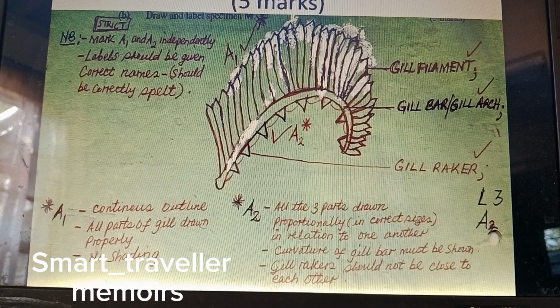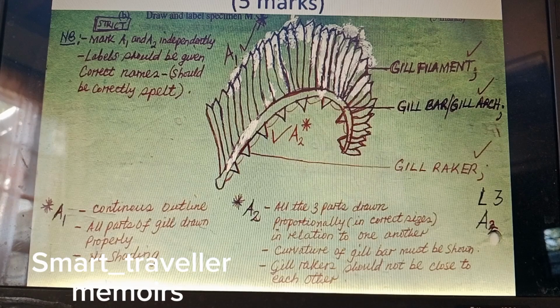All parts of the gill drawn properly, no shading. Accuracy number 2, all the 3 parts drawn proportionally in correct sizes in relation to one another. Curvature of the gill bar must be shown. Gill rakers should not be close to each other for you to get the second accuracy mark.